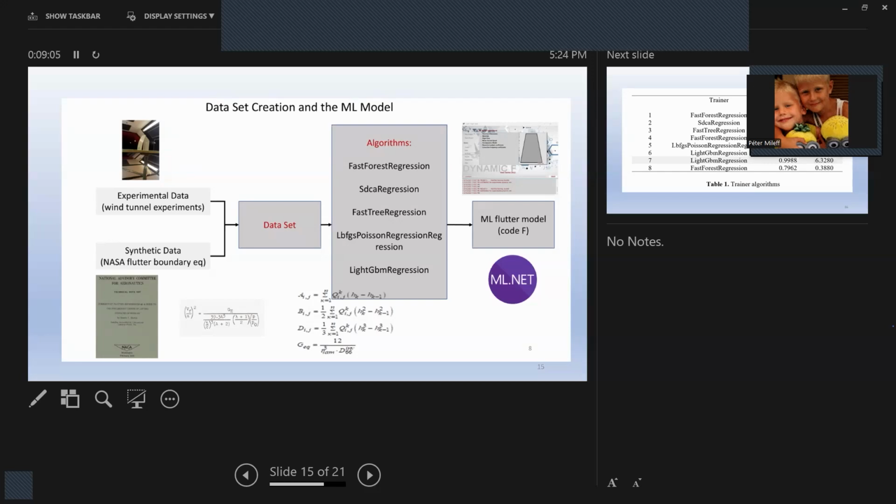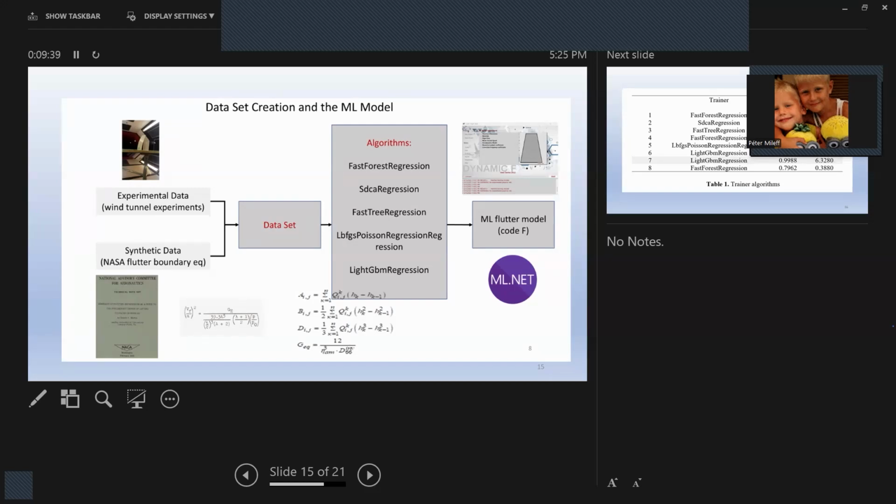So this hybrid approach in recent years is gaining in popularity, because you generally expand the experimental data with the analytical results, and you combine them all together in order to create a relatively large number of items in your data set.